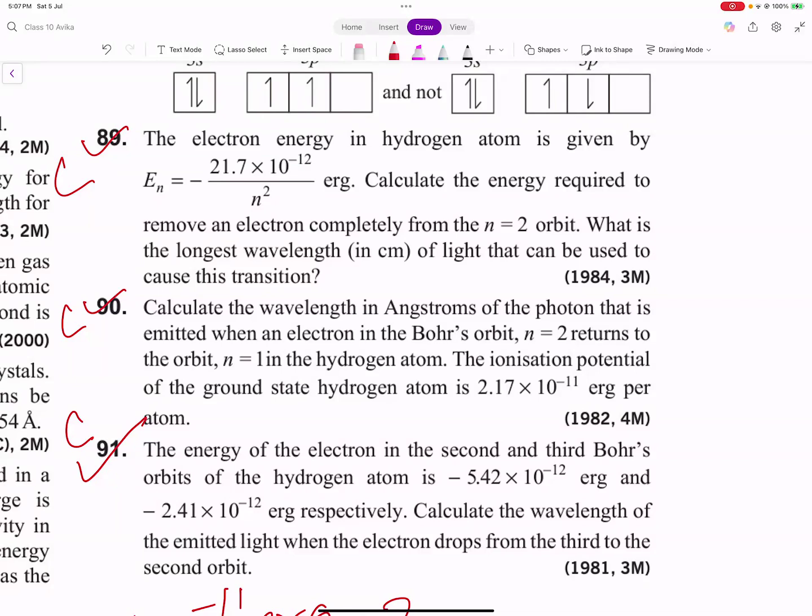364 nanometer. Now, can you convert it into centimeters? Tell me how much. 0.0000364.